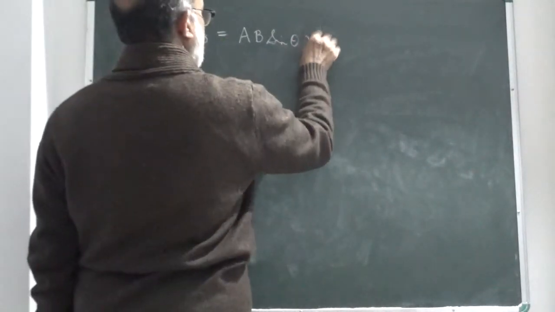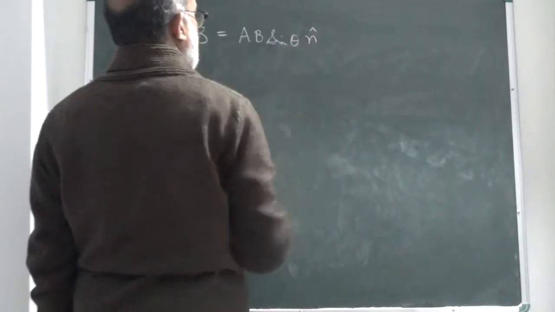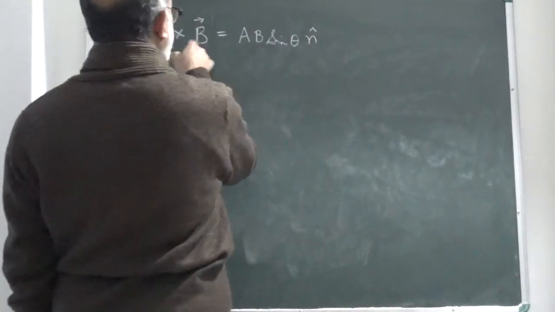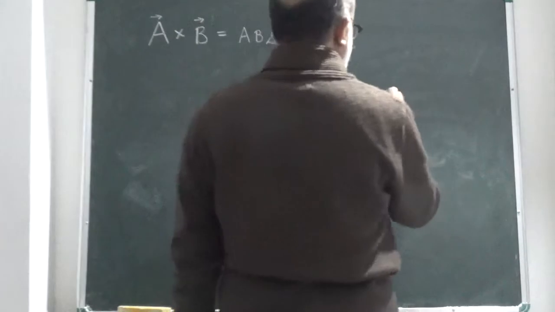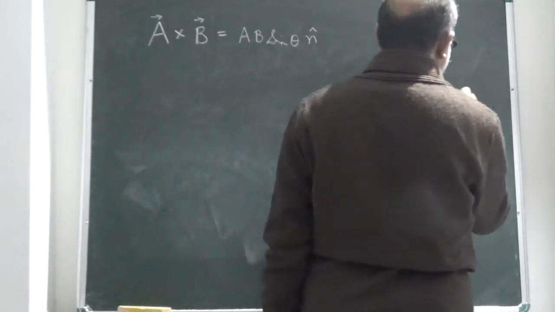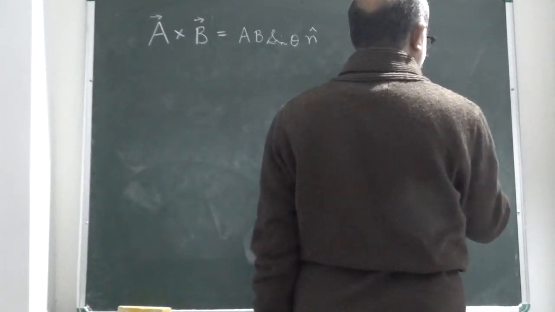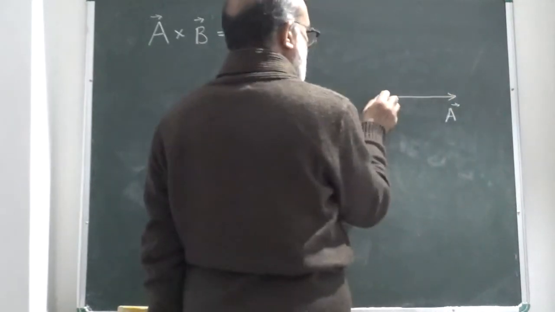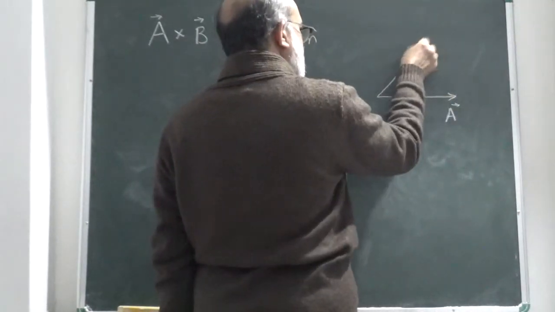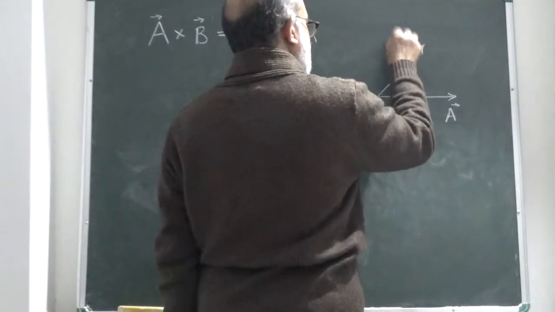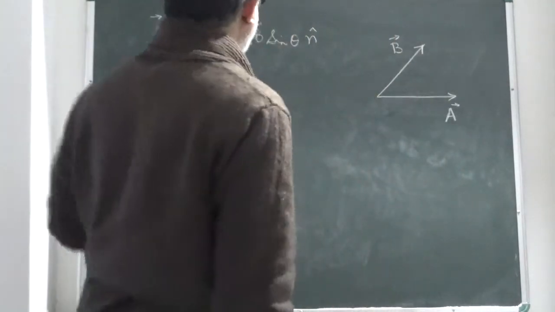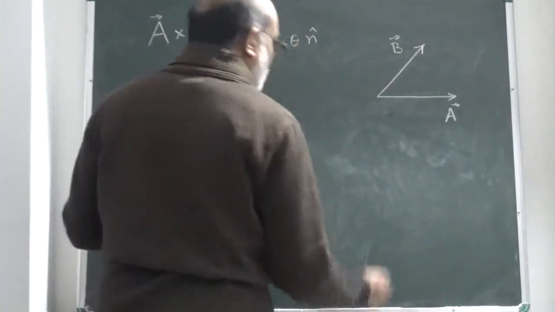Suppose this is pointed along unit vector n, where n is perpendicular to the plane formed by A and B. So if this is vector A and this is your vector B, the cross product A cross B will be along this direction.